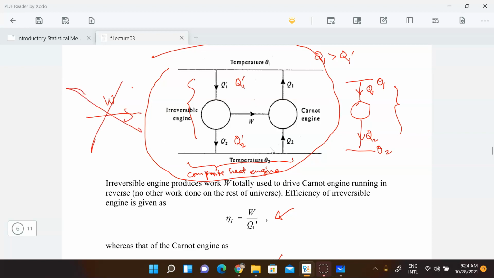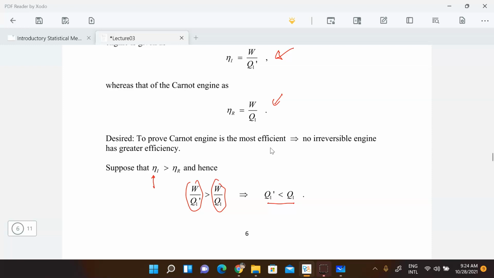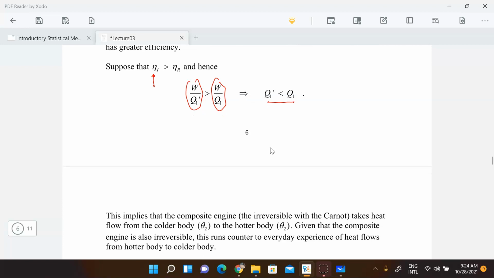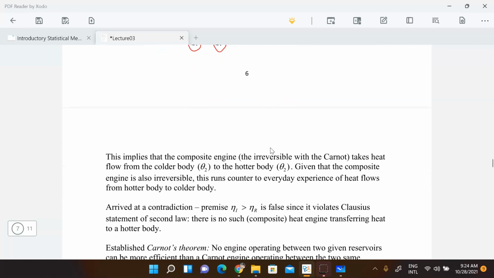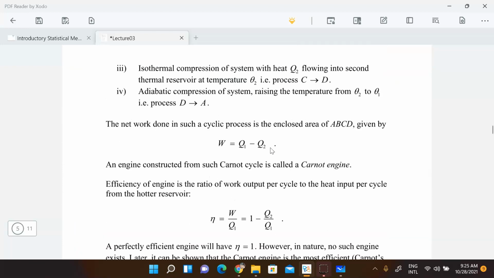So in other words, you have a system that says I can take heat from the colder body and dump it to the hotter body, which violates the Clausius statement of the second law. Let us go back to where Clausius' second law is.